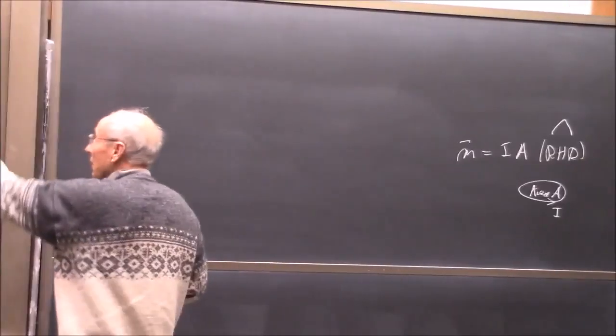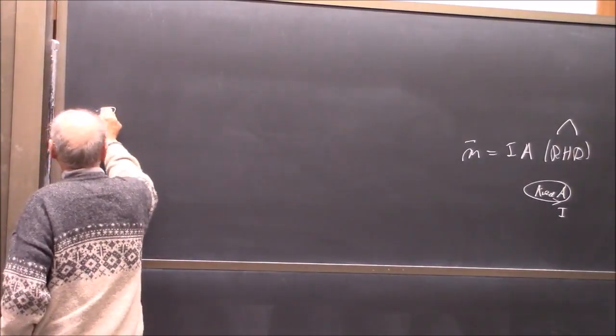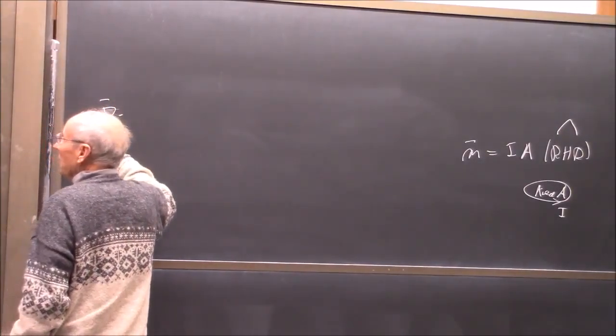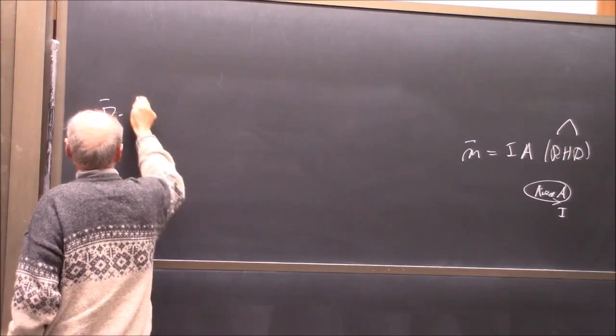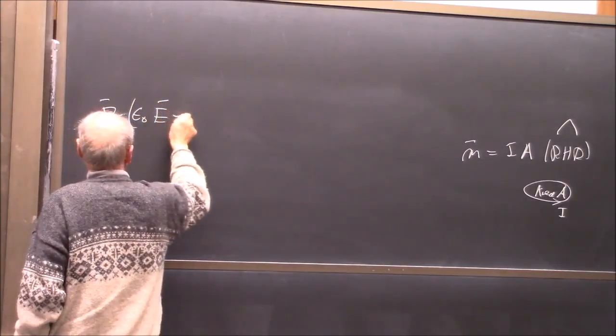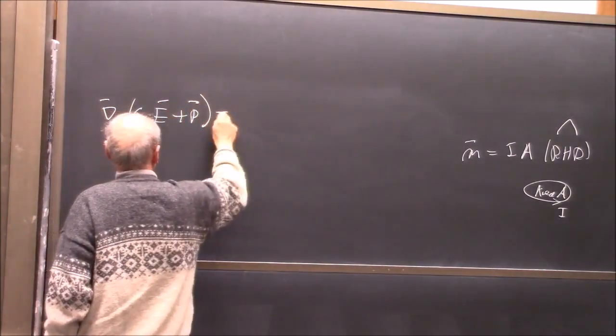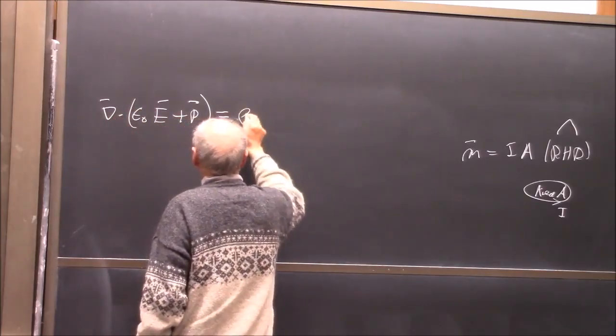All right? So what that gave us in this case was the divergence of epsilon 0 E plus P was equal to rho.